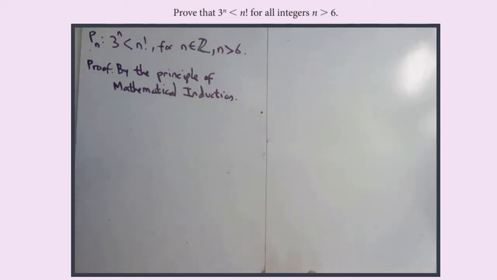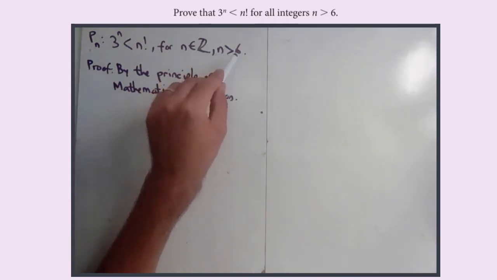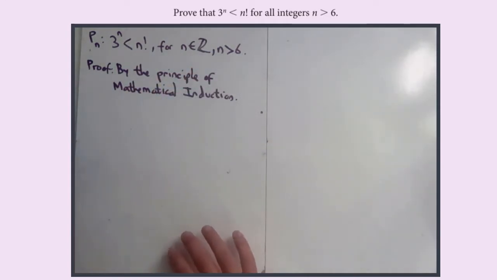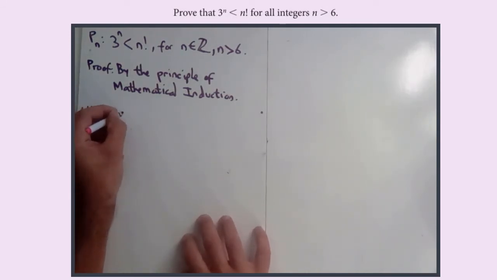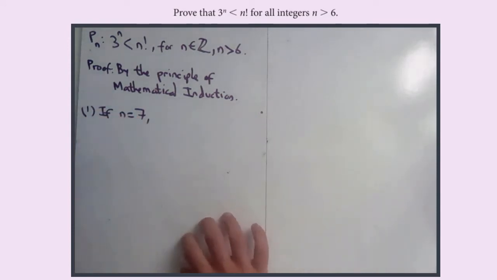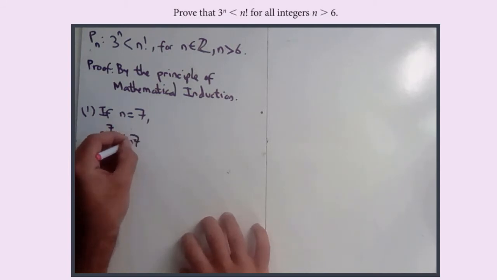Okay, so we're going to need our basis step, where we start with a basic number. You need to think about what you're using. It's certainly not 0, it's certainly not 1. The lowest possible number n can be is 7. n needs to be an integer, it needs to be greater than 6. So if n equals 7, we need to show that 3 to the 7 is less than 7 factorial.